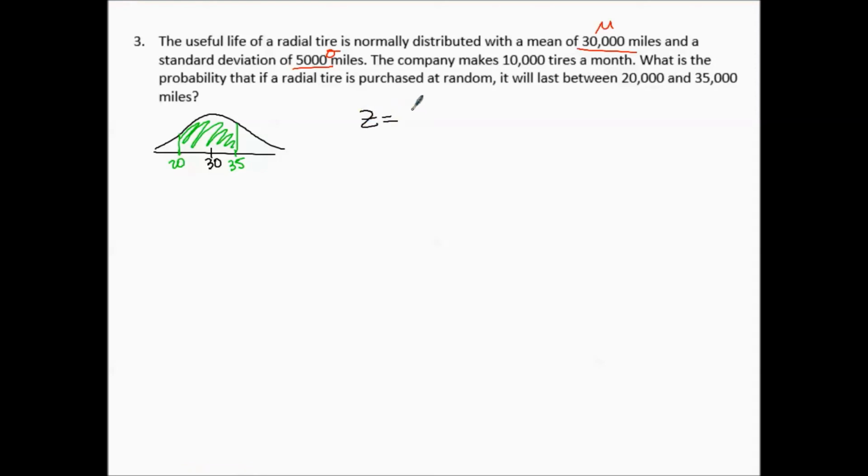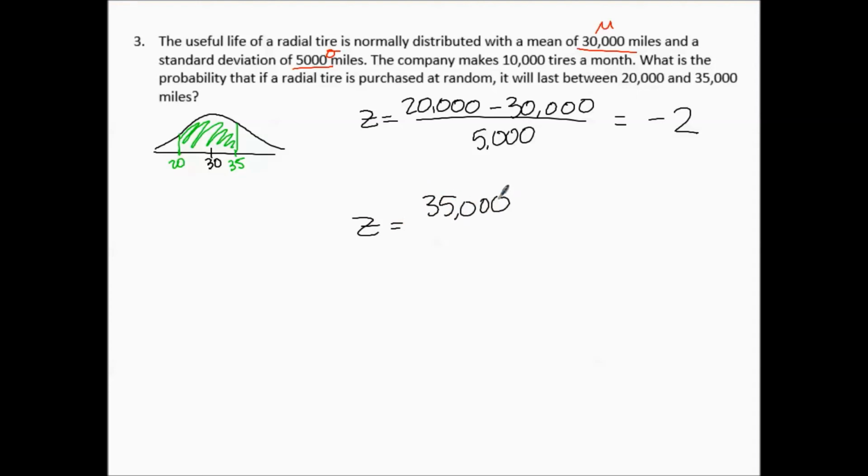So if I find the z-score for 20,000 miles, that will give me a z-score of -2. If I find the z-score for 35,000 miles, that will give me a z-score of 1.